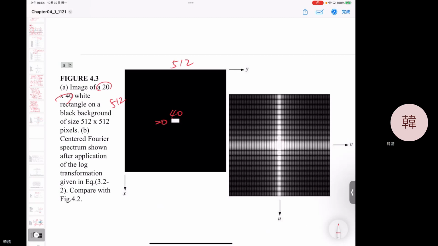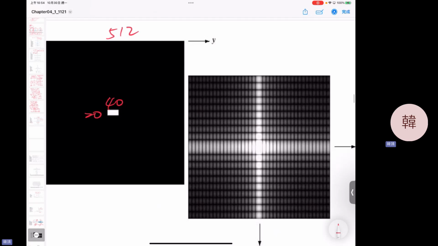Right? So think about the sinc function. Now I want you to think about the width and the height of this rectangle. What is the corresponding result in the UV domain, the frequency domain? Because in the spatial or time domain, when your tofu is smaller, the width smaller, in the frequency domain it becomes wider.